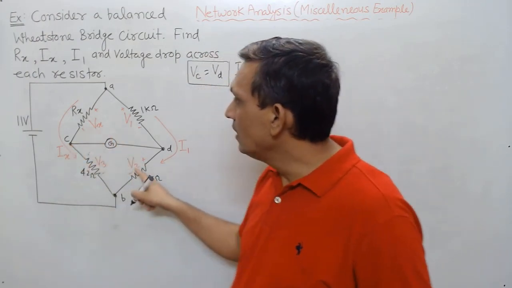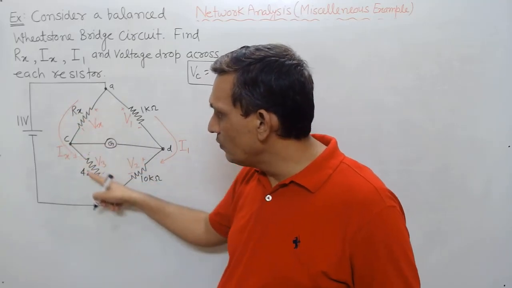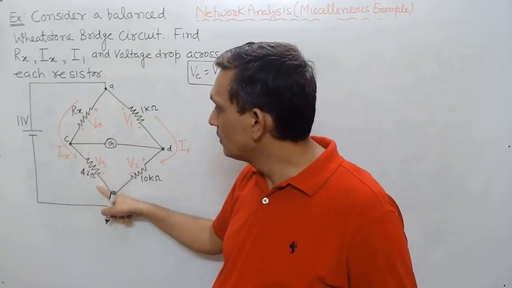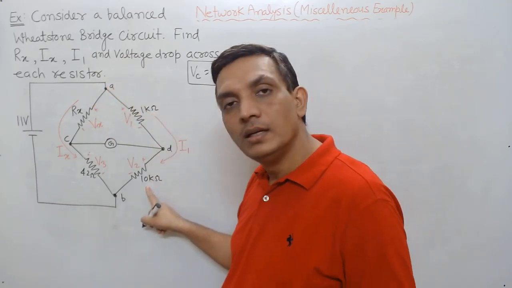So under balanced condition, these two are in series because Ix current will flow in this case and then I1 will flow through 1 kilo ohm and 10 kilo ohm.